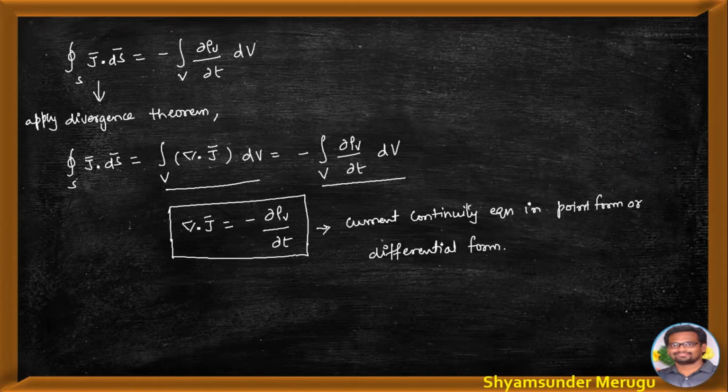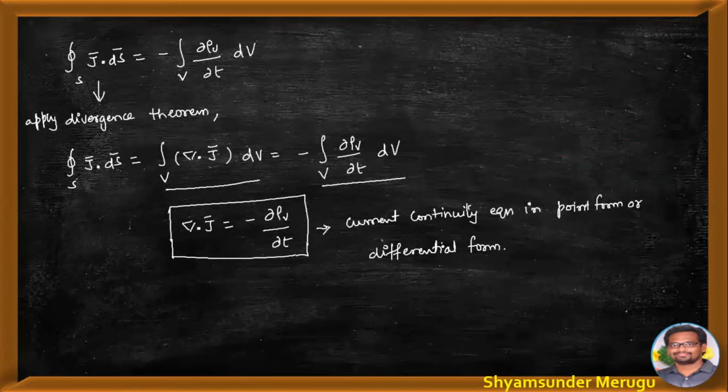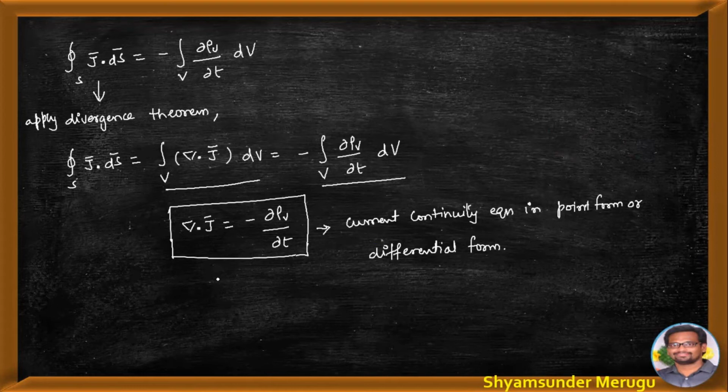It is the mathematical expression for the principle of conservation of charge, which states that charge can neither be created nor be destroyed, but can only be transferred. We can say that the continuity equation states that the current flowing outward from a closed surface is equal to the rate of decrease of charge inside that surface.